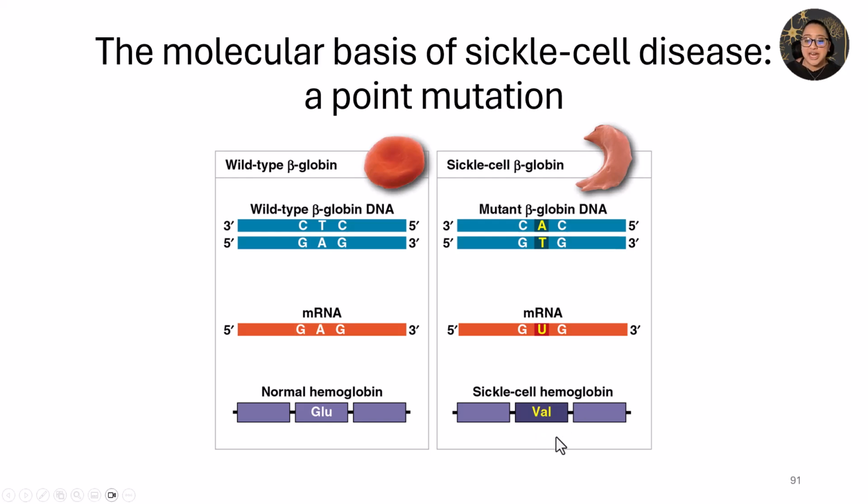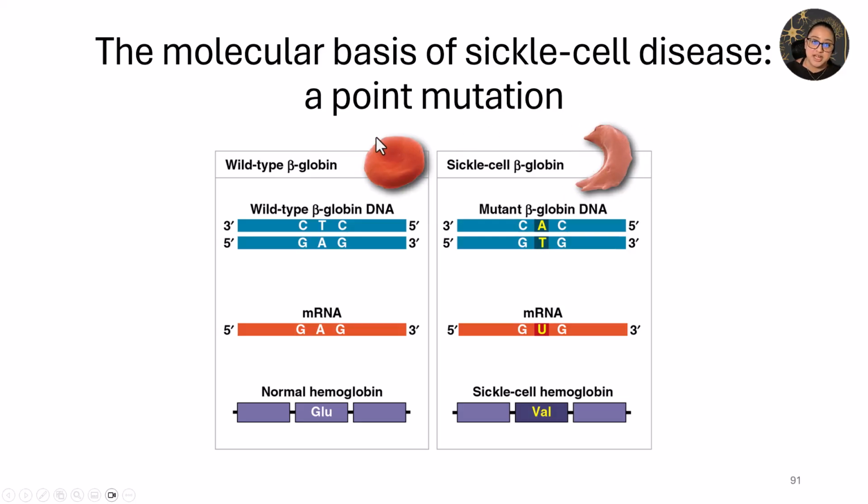That leads to a totally different shape in these red blood cells because of this hemoglobin being different. It doesn't fold properly. Just one nucleotide difference will lead to a totally different shape of the red blood cells.